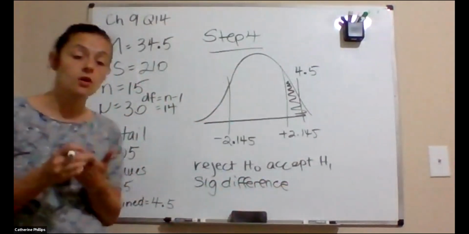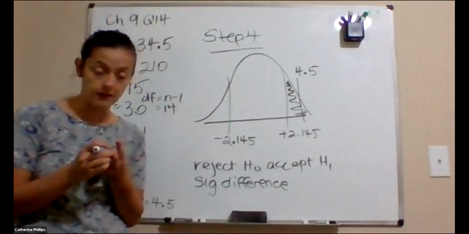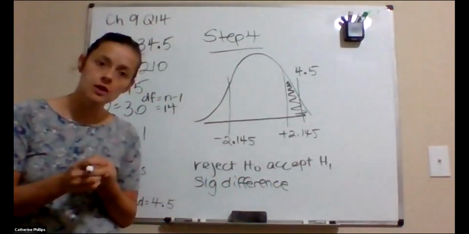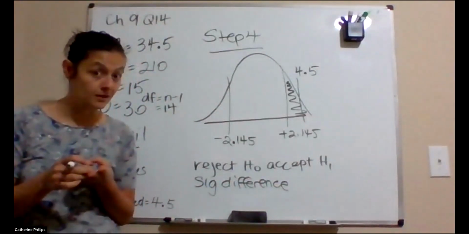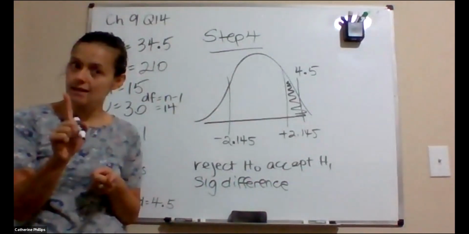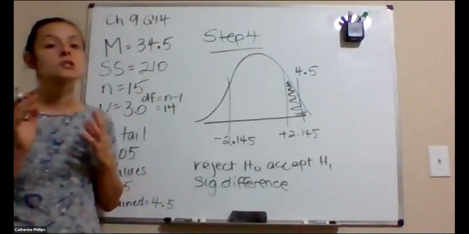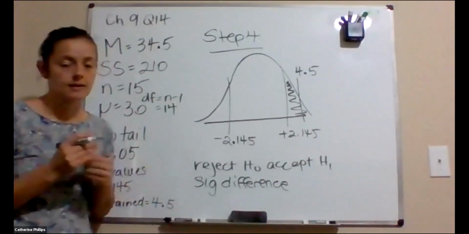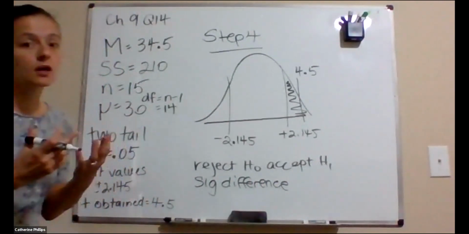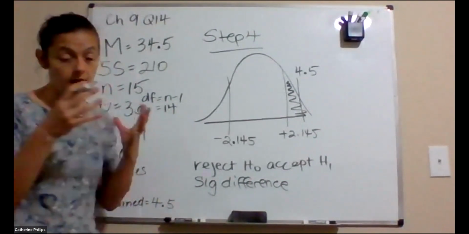If you reject the null, you're saying there's a significant difference. If you fail to reject the null, no significant difference. Not an insignificant difference. It's still meaningful, potentially. It's just not significant.